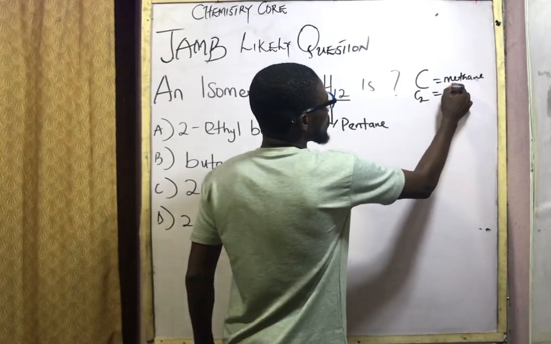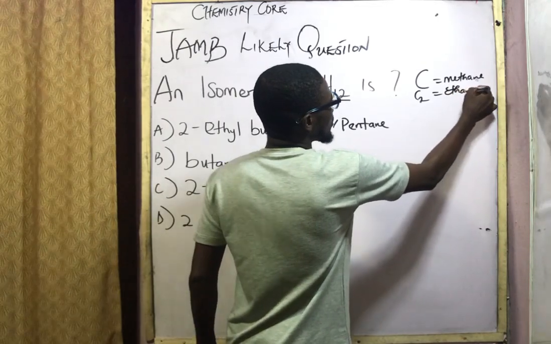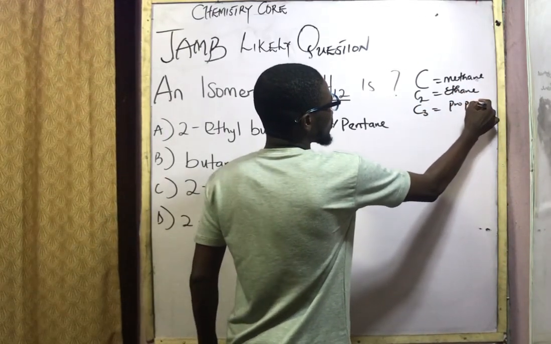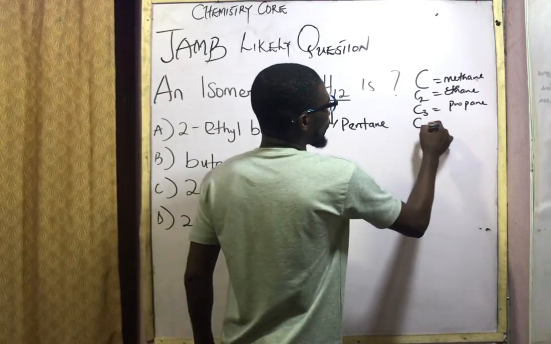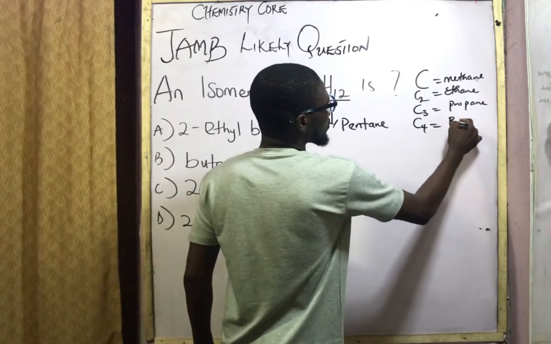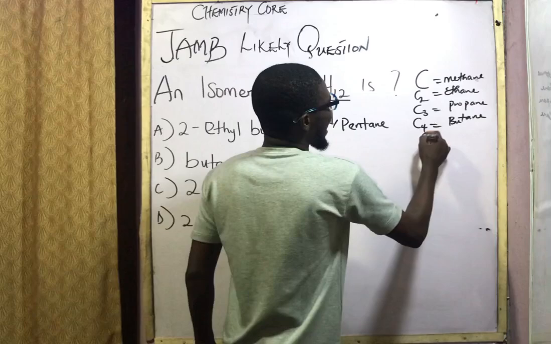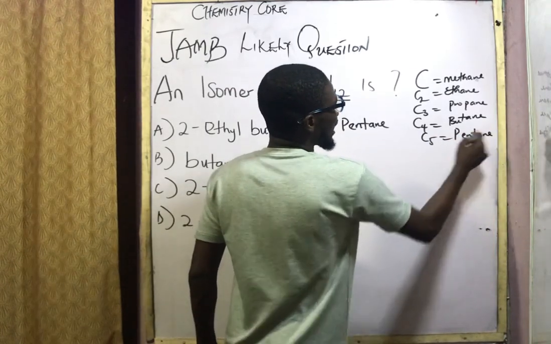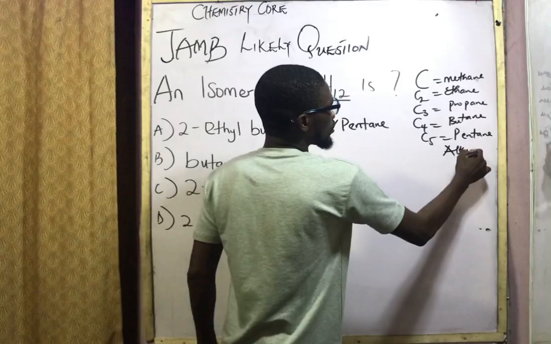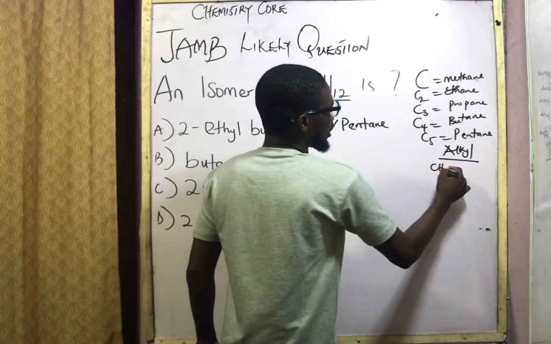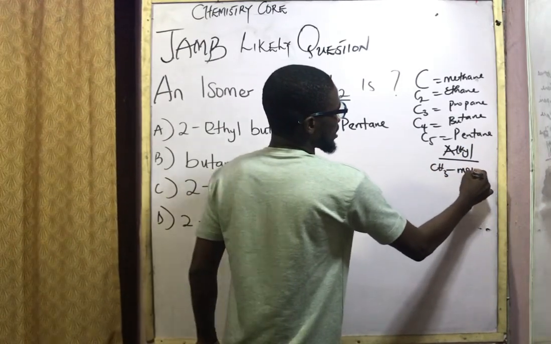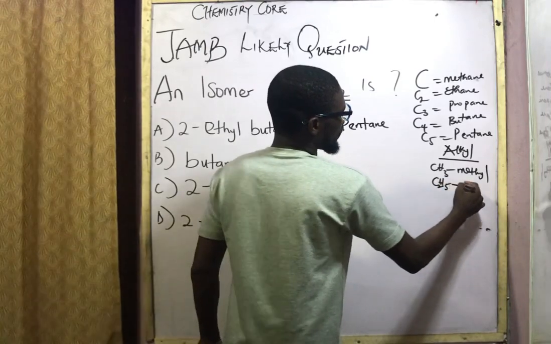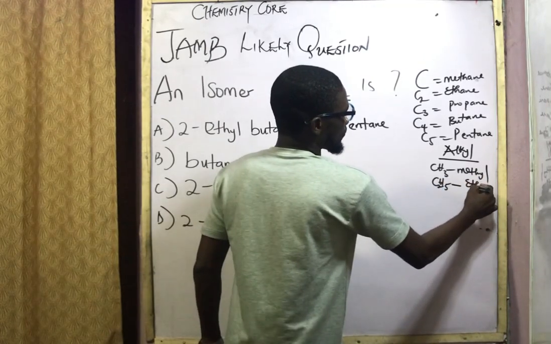Carbon atom of 2, we have ethane. Carbon atom of 3, we have propane. Carbon atom of 4, we have butane. While carbon atom of 5, we have pentane. And the alkyl group, we have CH3, which is the same thing as methyl, and we have C2H5, the same thing as ethyl.